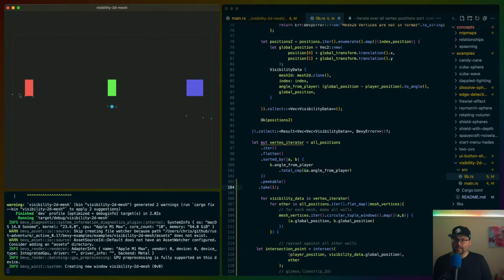We have the line, right? We have the point that we're hitting. We want this point over here. But what we're getting is the vertical extension of all of these box walls. So we got to do our bounds checks.